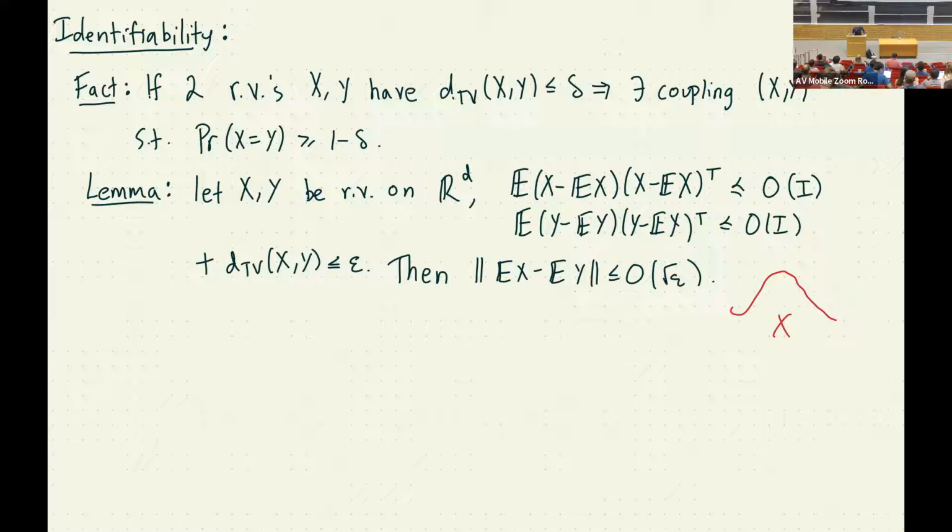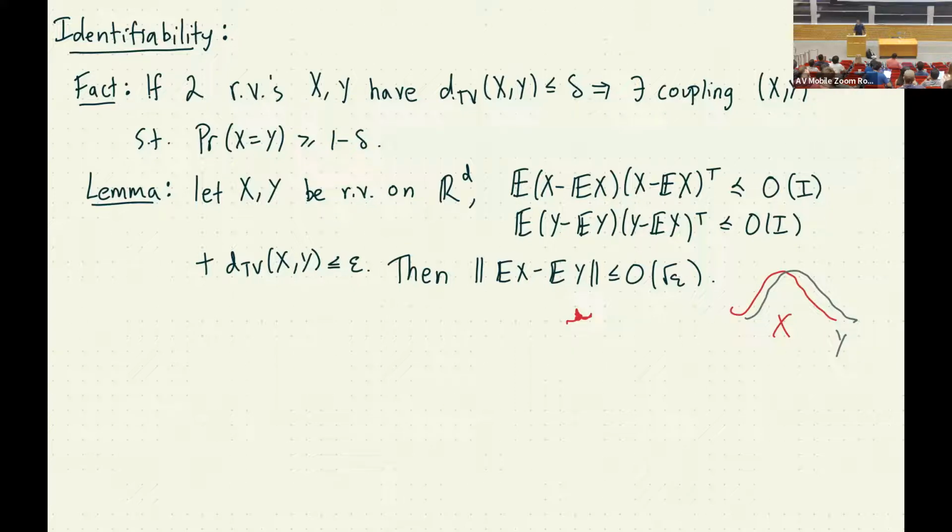So they're pretty close in total variation distance, meaning they have to overlap very heavily. They have to overlap heavily, and because they both have bounded variance, they're not allowed to have a lot of mass. Like X can't put a bunch of mass way out here, because that would kill this variance bound, right?